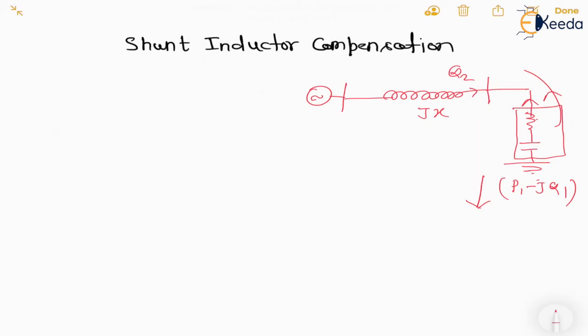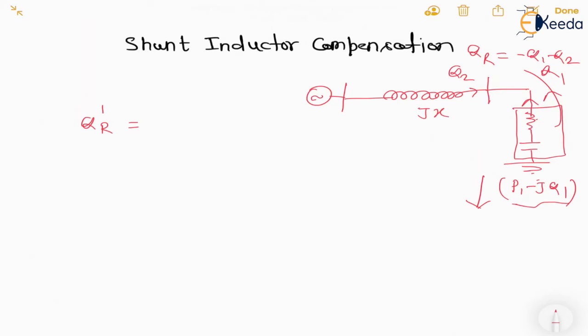P1 minus jQ1 means P1 is the power demand of the load, and minus Q1 is required, so Q1 will be given back. So here we write QR dash. Previously, without compensation, QR was equal to minus Q1 minus Q2, since Q1 and Q2 are both supplied.